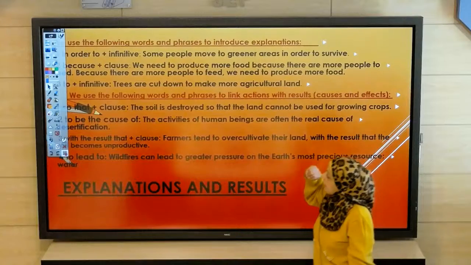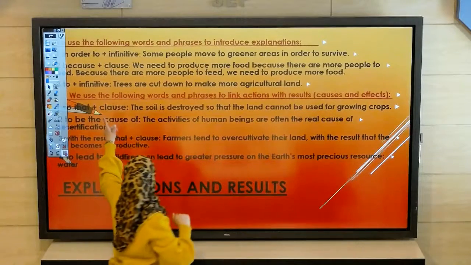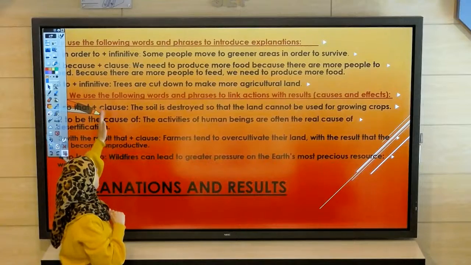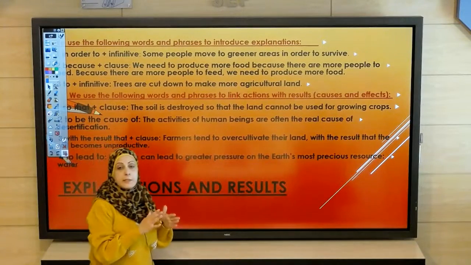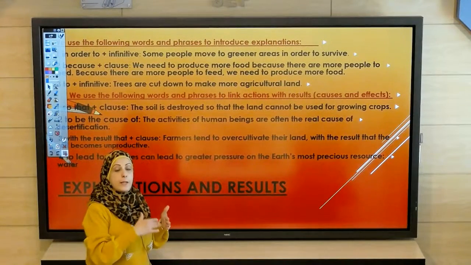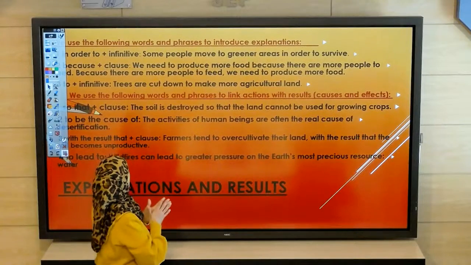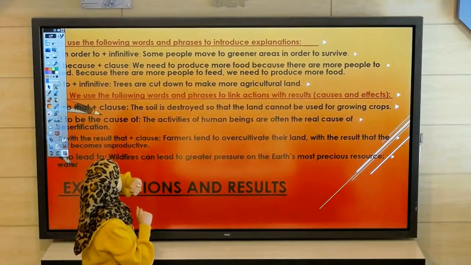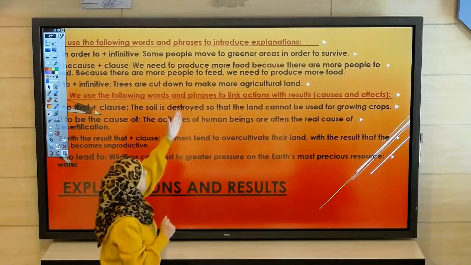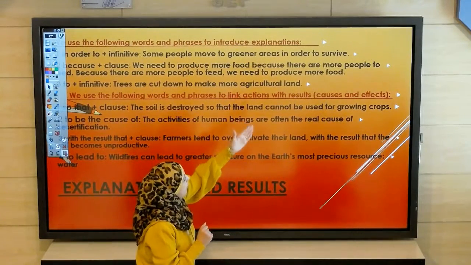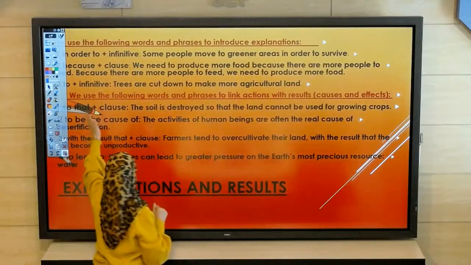Okay? Now, number 2, because. It is followed with the clause. So the students should write after because, subject, verb, and complete the sentence. Notice this example. We need to produce more food because there are more people to feed.